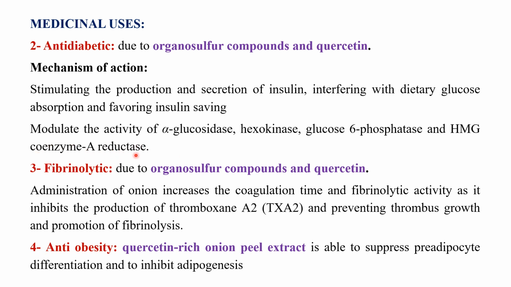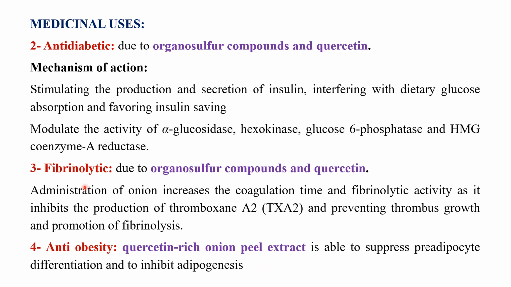The latter, HMG-CoA reductase, is also important in the metabolism or synthesis of cholesterol. So onion here could act through several mechanisms to reduce the blood glucose level and exhibit the antidiabetic effect.